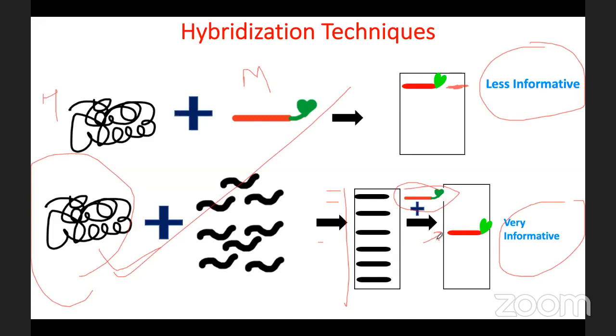Finally, if a complementary sequence, or a sequence highly similar to this mice piece of DNA, is there in the human genome, you will get a signal. In this way you can say, okay, this is also present in humans. This is why we go for hybridization.